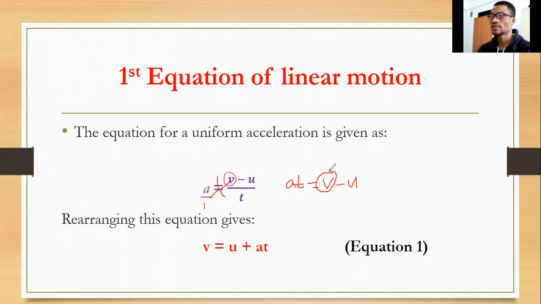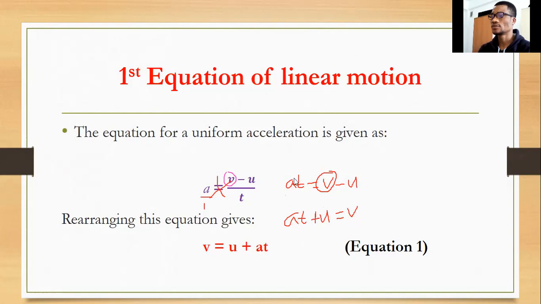So at will be equal to v minus u, and then rearranging it, we arrive at this. So when we rearrange the equation, our v is definitely equal to u plus at, and this is our first equation. So this is very simple to derive. Let's move to the next one and see how it is derived.